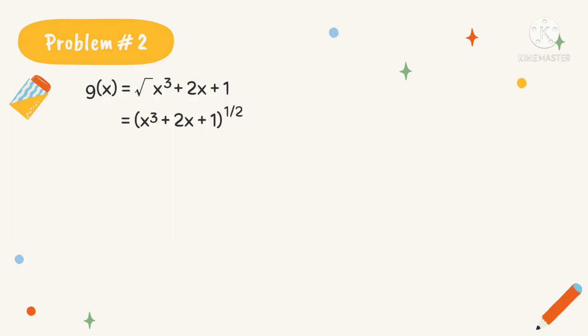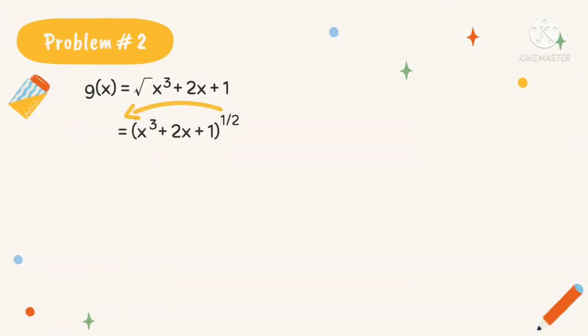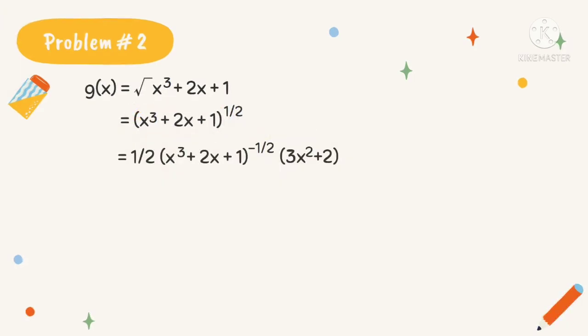If we follow the format of the chain rule, we can let the exponent 1/2 be placed in front, subtract 1 from the exponent, then multiply the whole function by the derivative of the terms inside the parentheses. If we perform those operations, we will now have 1/2 times the quantity of x cubed plus 2x plus 1 raised to negative 1/2 multiplied by 3x squared plus 2.